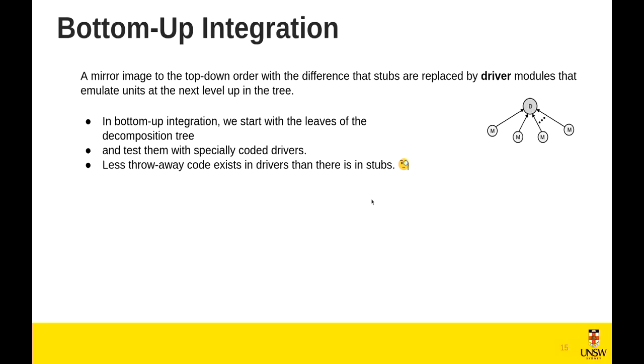In bottom-up integration, we start with the leaves of the integration tree. We test each leaf with specially coded drivers, which provide the parameters or the preconditions or prerequisites for executing that module or piece of code. And as you can imagine, we have less throwaway code in drivers than in stubs.